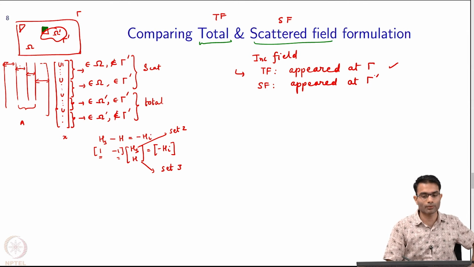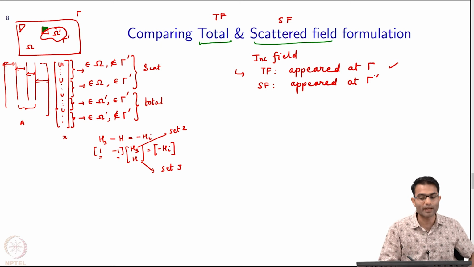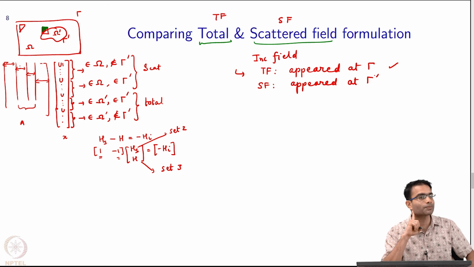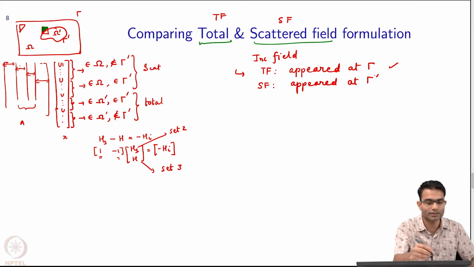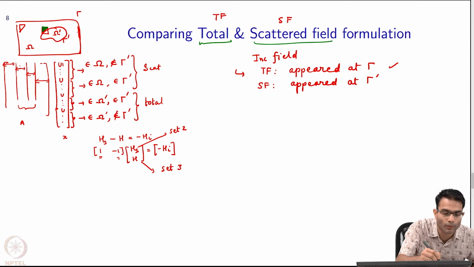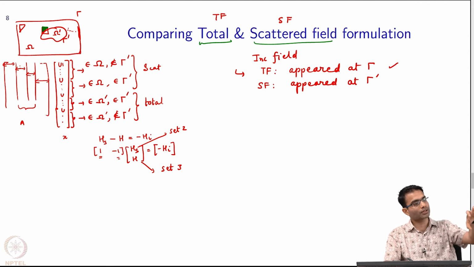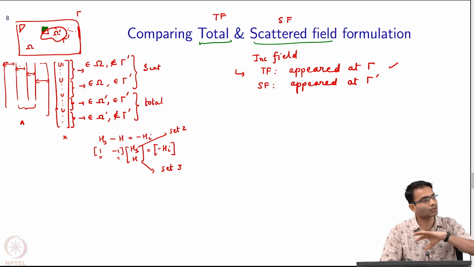So, now can you answer which is better between TF and SF? SF is much better, because in TF the incident field appears on this outer boundary, then it has to numerically propagate to the object and get scattered. But in the scattered field, in the system of equations, it is being introduced on the surface of the object. There is no so-called grid dispersion, right.